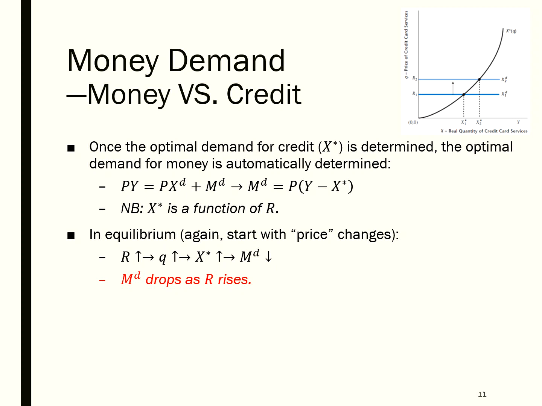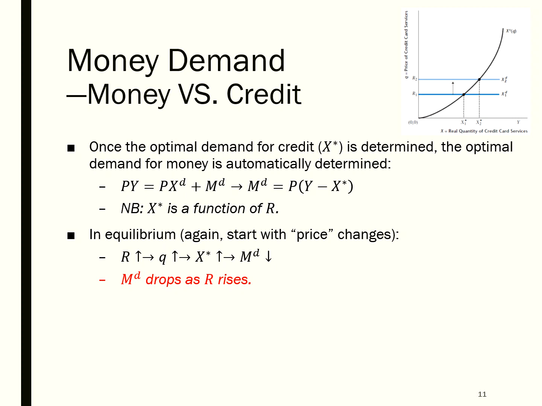This is because we have just mentioned that in equilibrium, marginal benefit equals marginal cost, right? R has to be equal to Q. So when R increases, Q has to increase. And when Q increases, according to the supply curve of credit, X has to increase because it's an upward sloping curve, if you remember from two slides ago.